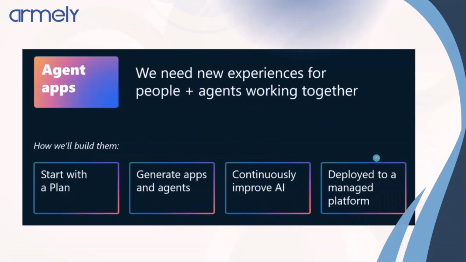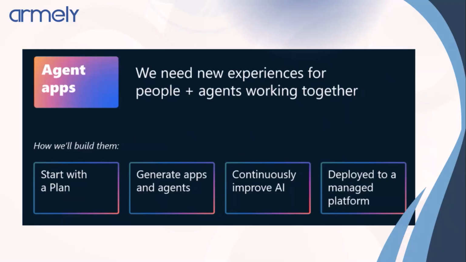And when you talk about agent apps, we are saying that it's a new experience for people and agents working together. And how we go about this is that we start with a plan. The plan helps us to understand the business problem and explore all the artifacts we need to solve this.